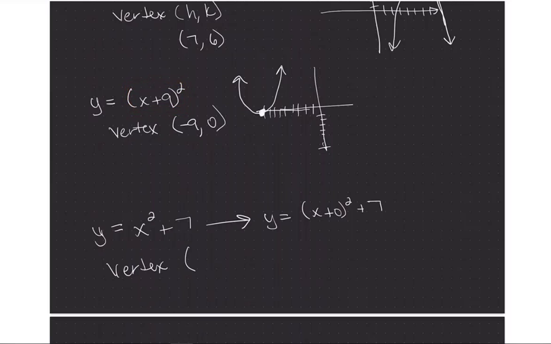Exactly. So the part that is being squared, that's your h, which gives you the x coordinate. And the part that's not squared is your k. So your x is going to be 0, and your k is going to be 7.